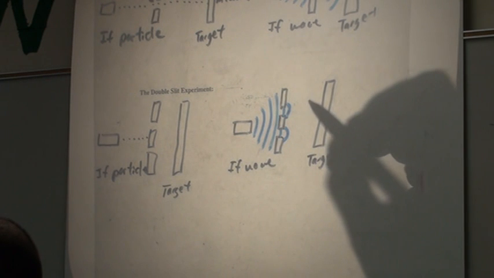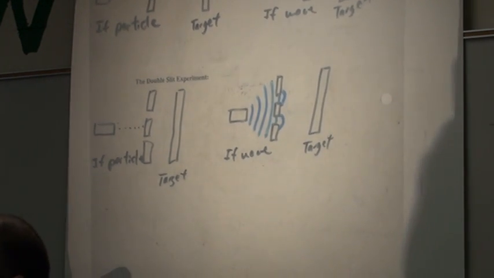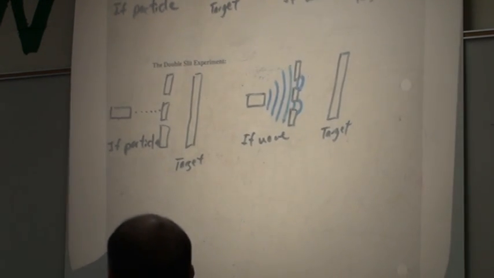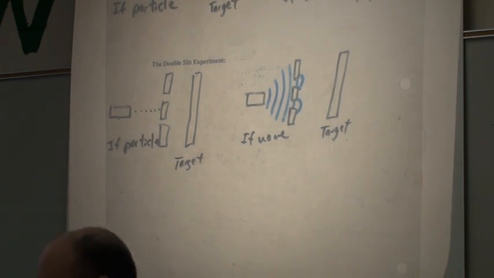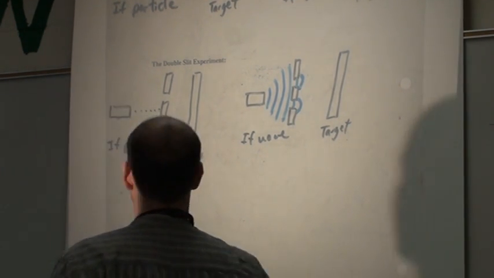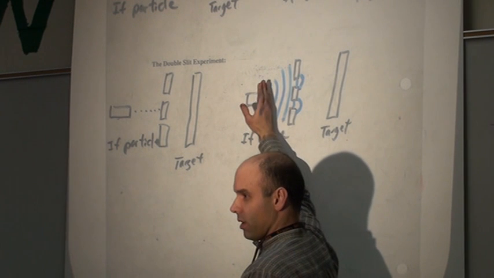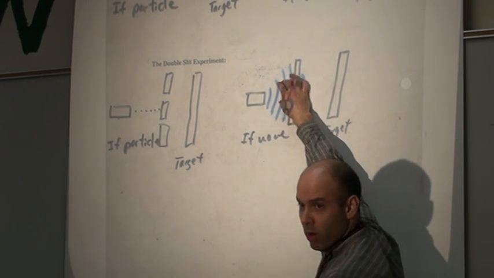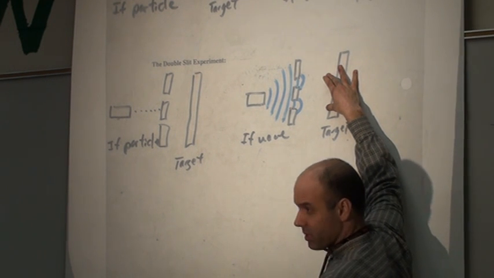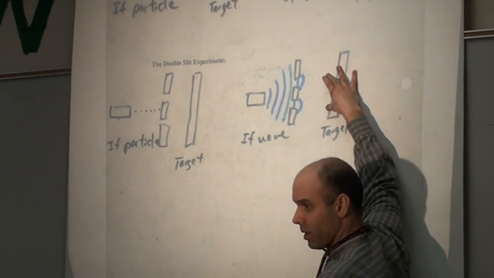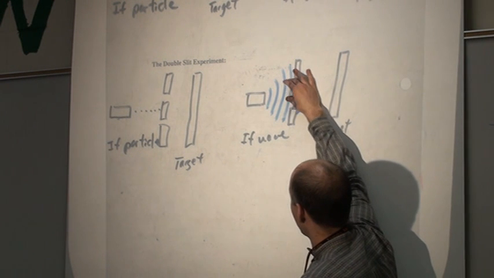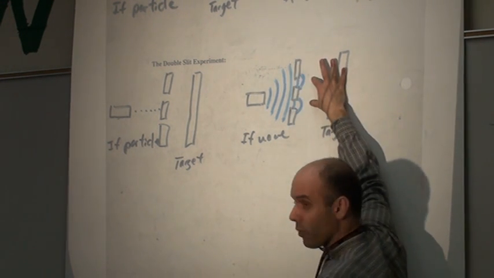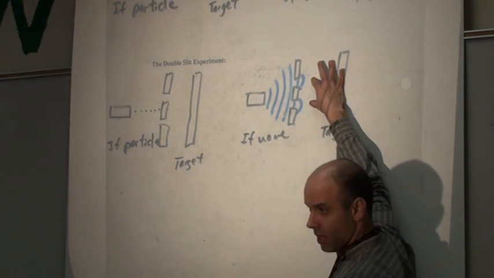So, this led to a very difficult conundrum for these physicists. If the electron is a wave, that means the wave is going to have to go through both openings at the same time, which means the electron must be going through both openings at the same time.